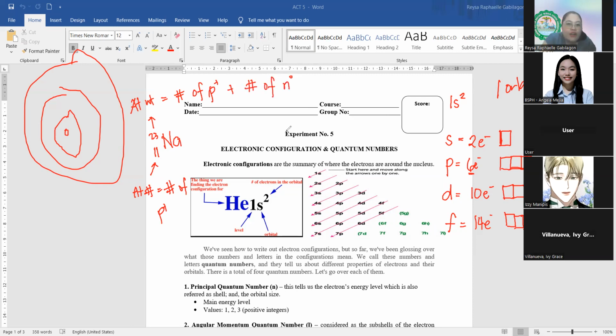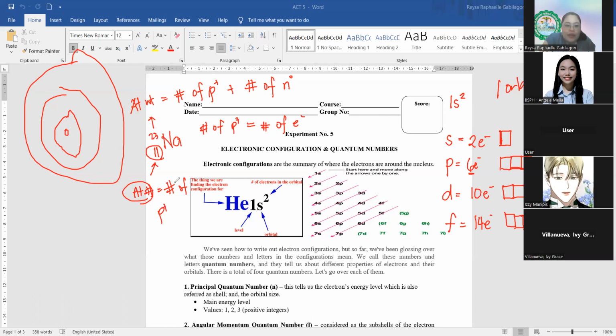Now, since we are talking about electrons, we are going to use the atomic number because in a neutral atom, the number of protons is equal to the number of electrons. So pag pinagawa kayo class ng electron configuration, ang gagamitin nyo is the atomic number.